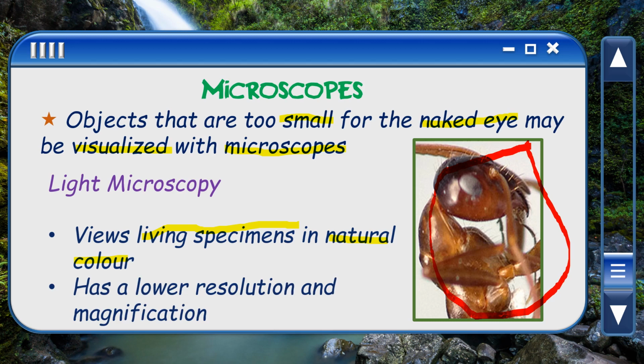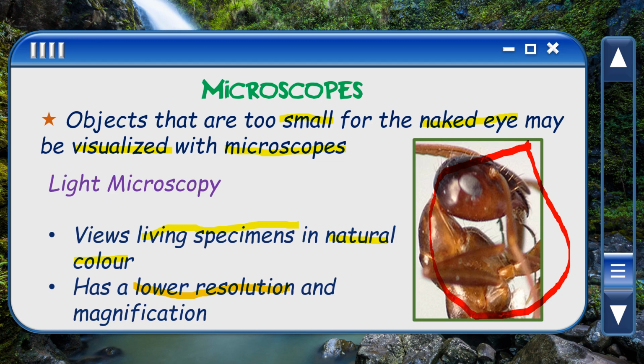But a light microscope has a low resolution. Now, resolution is the ability to distinguish two points, such as two organelles, which are very close.